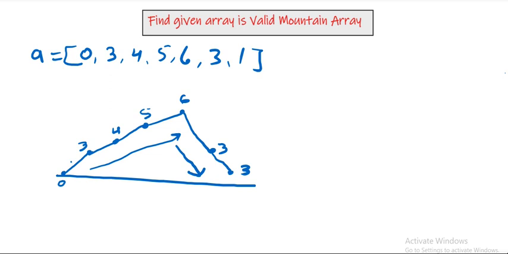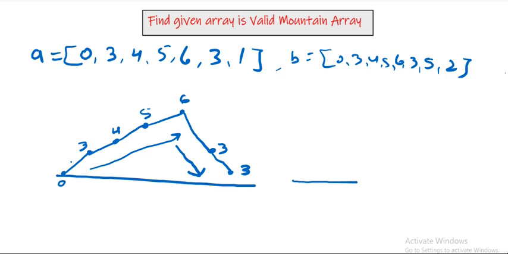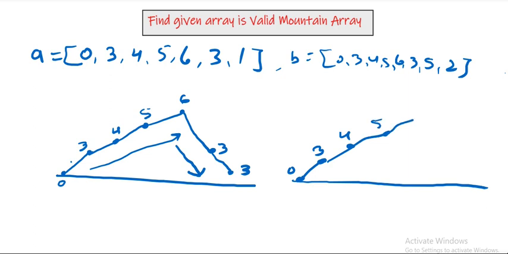So what will be an invalid mountain? Suppose we have the same array B over here: 0 3 4 5 6, and then 3, and then 5 2. It starts from 0, then 3, then 4, 5, and 6. Now it's decreasing to 3. Now again it increases to 5, and then decreases to 2.